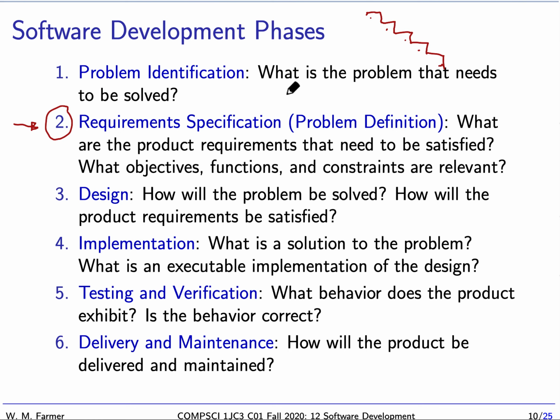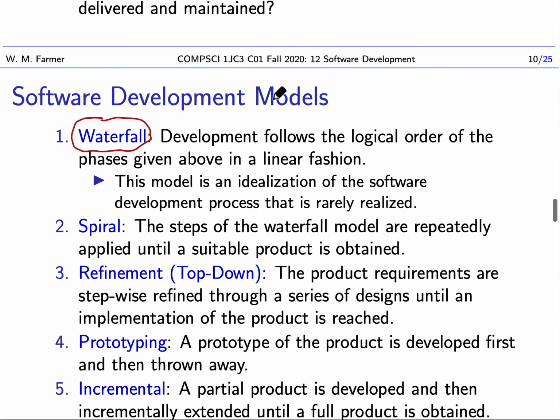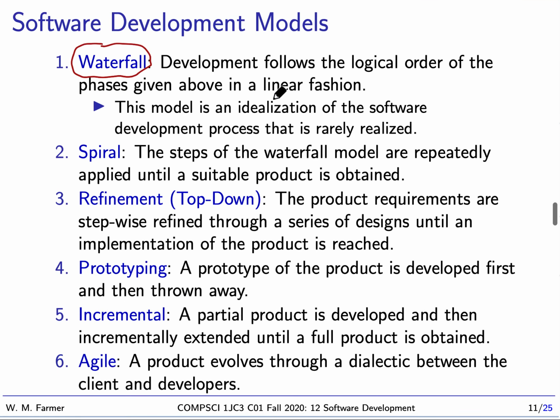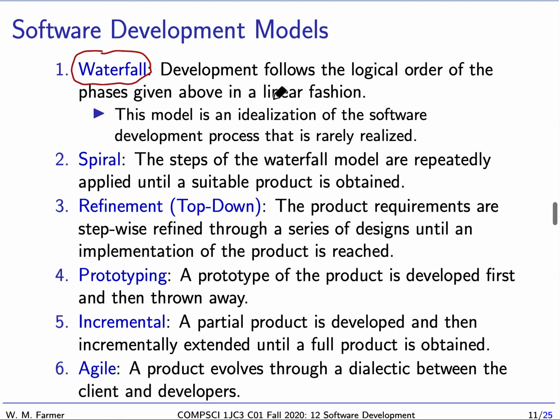You don't go back, but usually you need to go back because in the process of doing the software development, you find things that are wrong. You have to go back and better understand them and fix them. So the waterfall model is very useful, it's very convenient, but in reality, it is not really a real software development model.